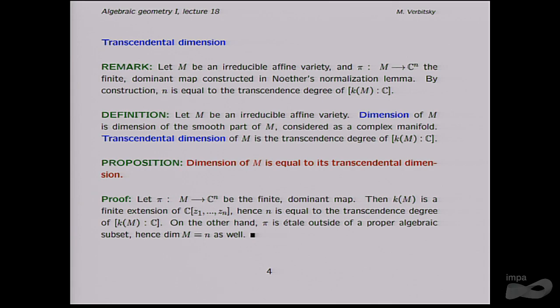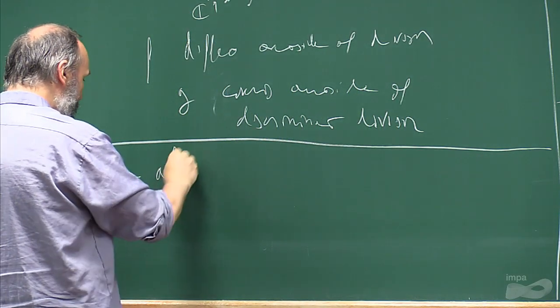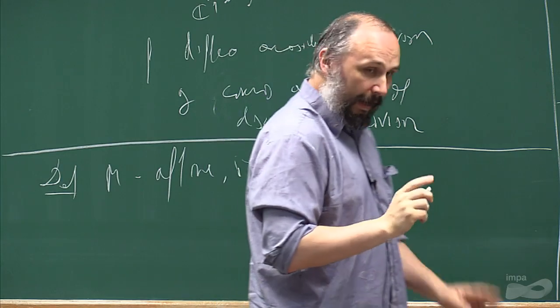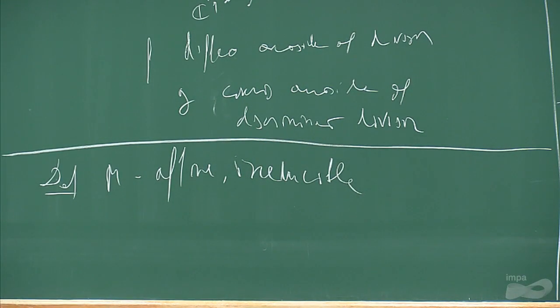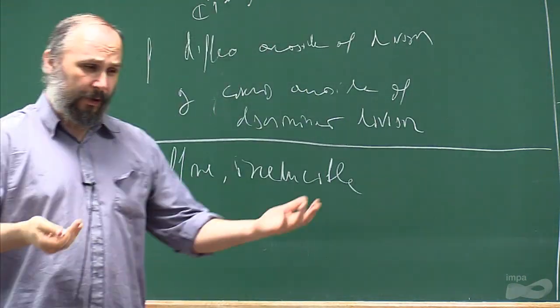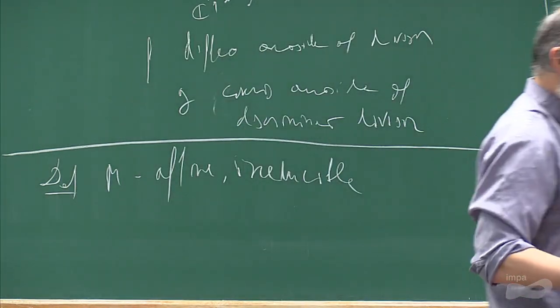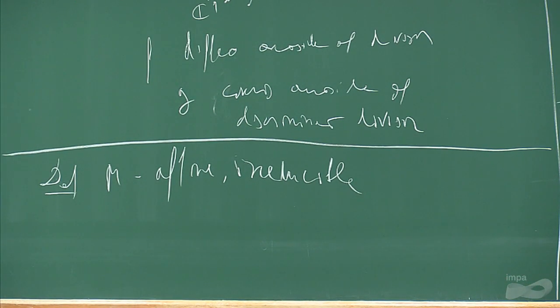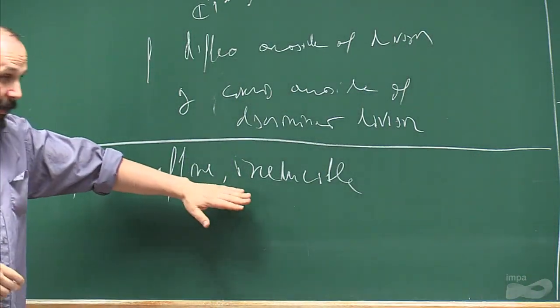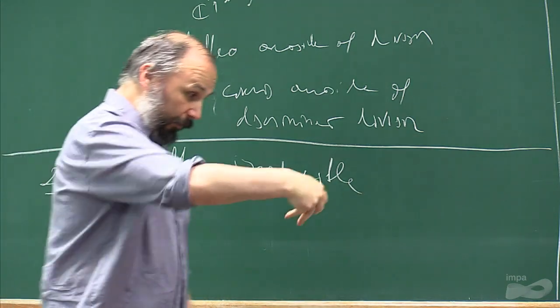I always assume everything is irreducible here, because a non-irreducible variety might have several components which have different dimensions. Then you need conventions about how to define dimension in that case. Typically, people define it as the maximal dimension of these components, but it's not always good. So it's better to assume irreducibility even if you don't need it for most arguments.